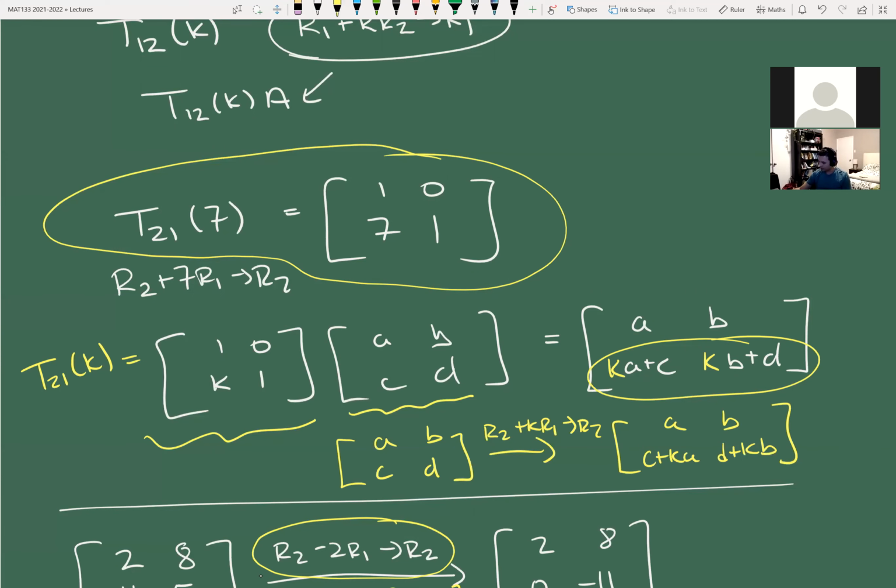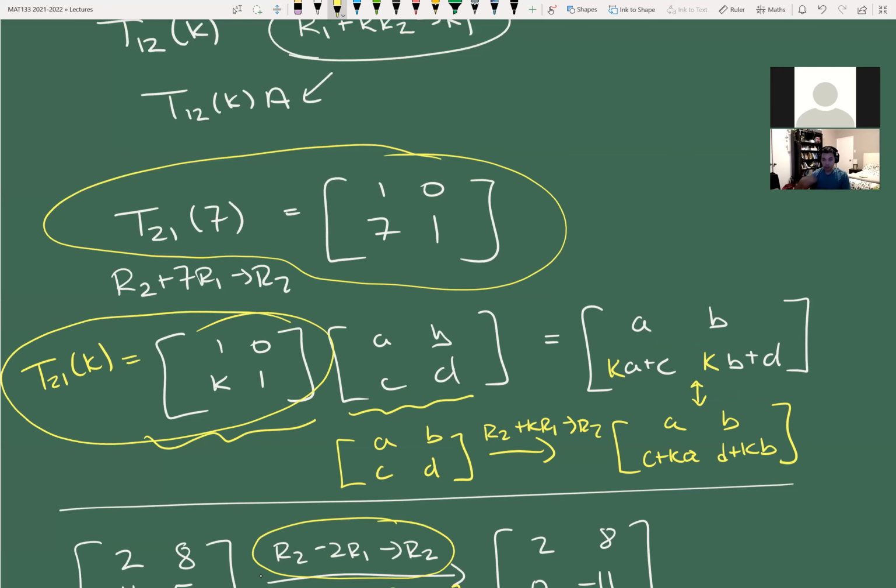Then we do the matrix multiplication and compare these two matrices, and those are the same, right? I wrote the second row a little differently, but they're the same. Therefore, this is in fact the matrix which gives you that row operation. Multiplying by this matrix is equivalent to applying that row operation.